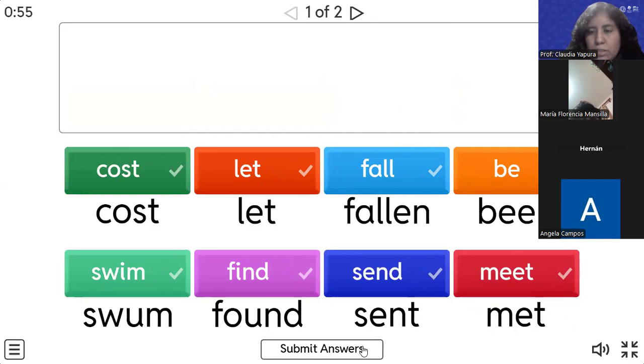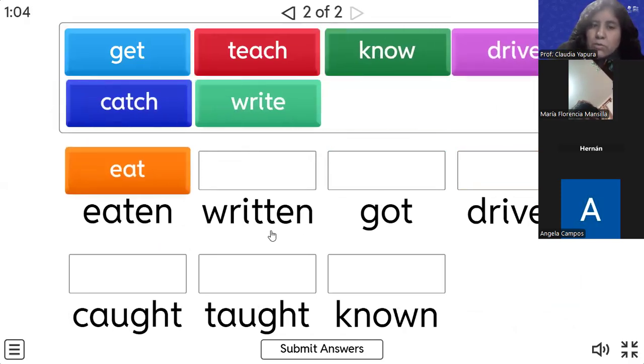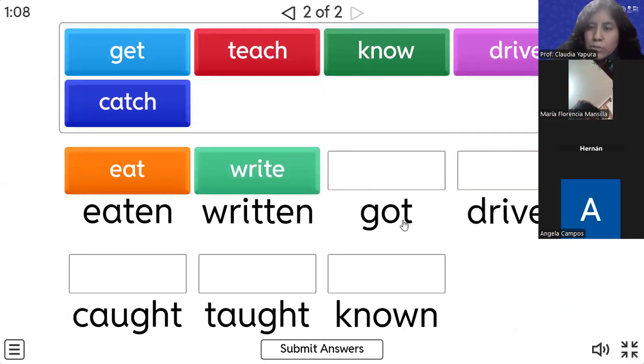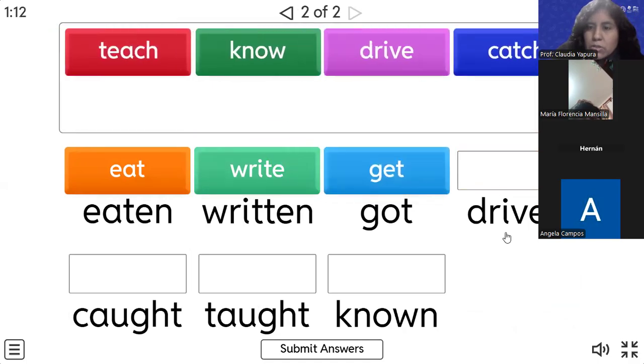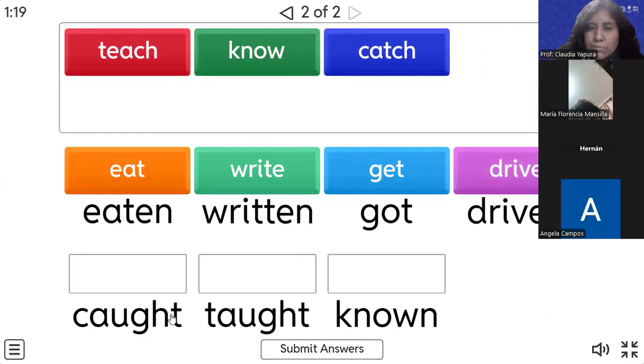Good. So these are some verbs because we have other ones. Eaten. Eat. Written. Write. Got. Get. Driven. Drive. Caught. Catch.